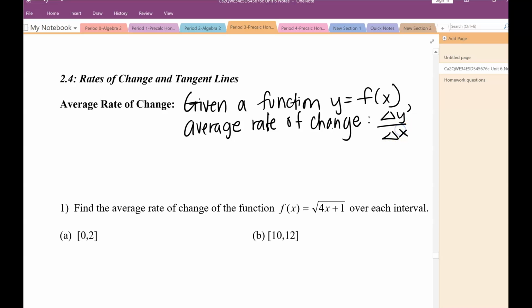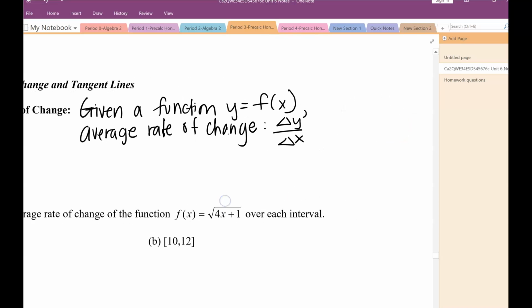By the way, what's delta? The change in y divided by the change in x, which is f of b, take away f of a, all over b minus a.